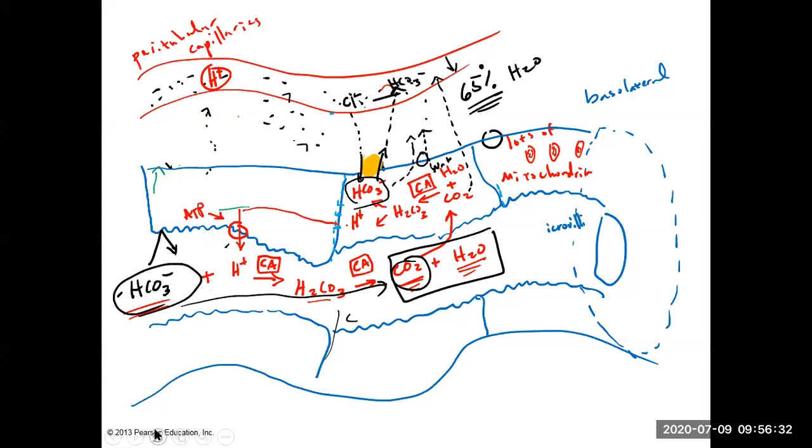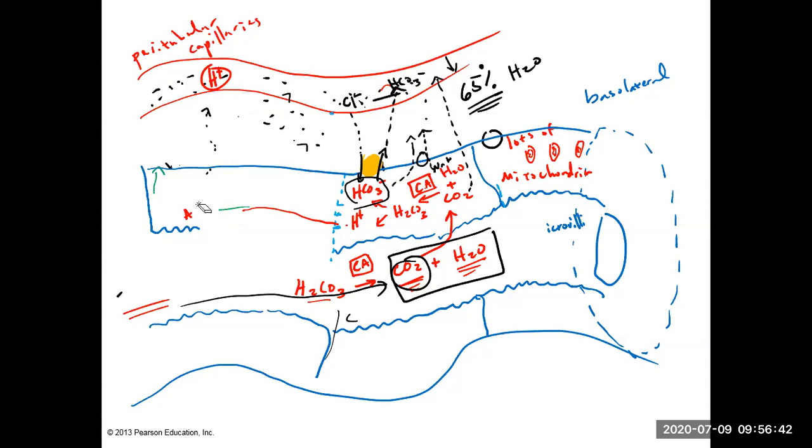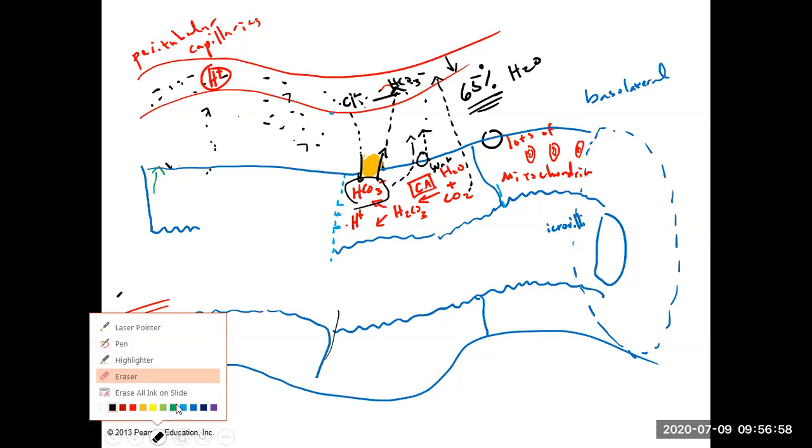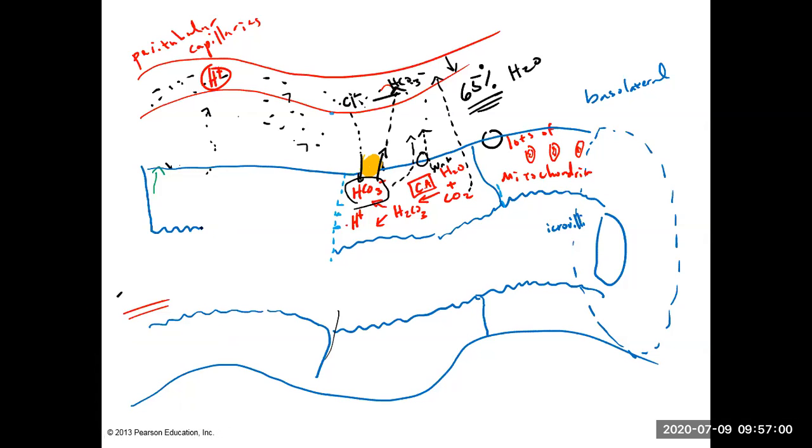Let's erase this one more time. You see, the amount that you could reabsorb is limited. You can't just reabsorb everything. Why not? Because substances are not sitting in here until they get reabsorbed. And that's an important concept actually.